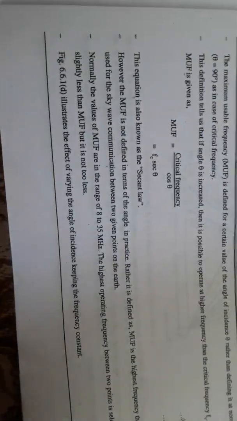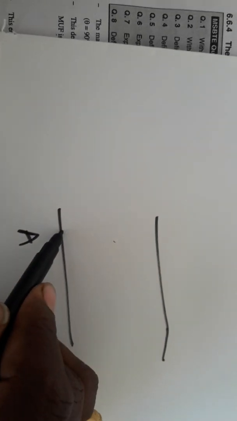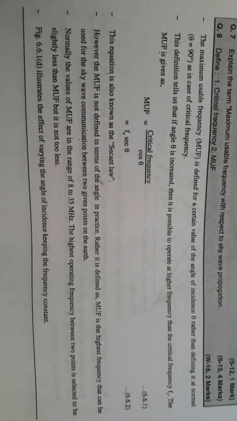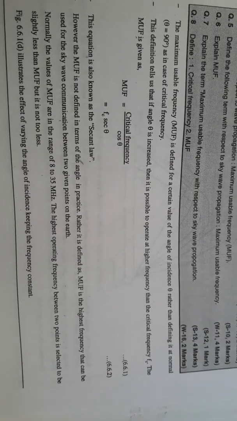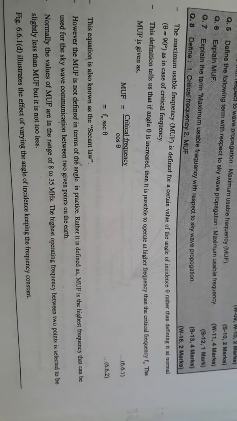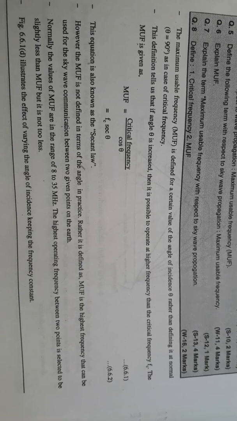So if we want to send a signal from point A to point B, and we know the virtual height, then the maximum frequency reaching the earth's surface with an angle more than the critical angle is called the maximum usable frequency. So MUF is always defined as the highest frequency that can be used for skywave communication between two given points on the earth surface.